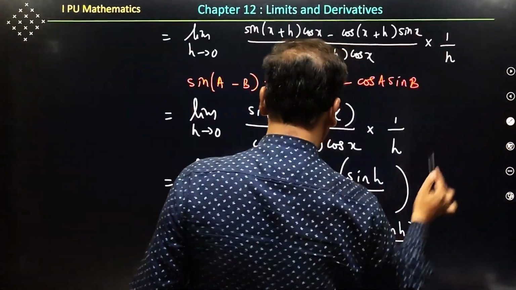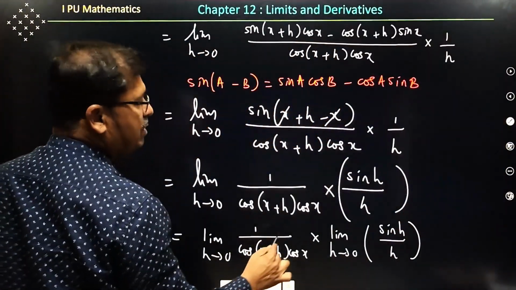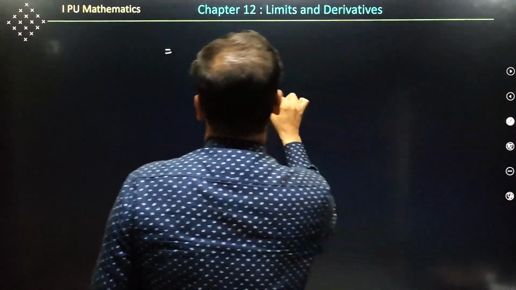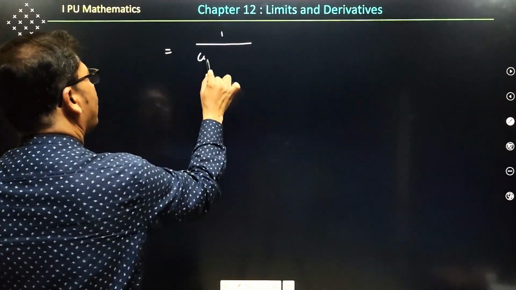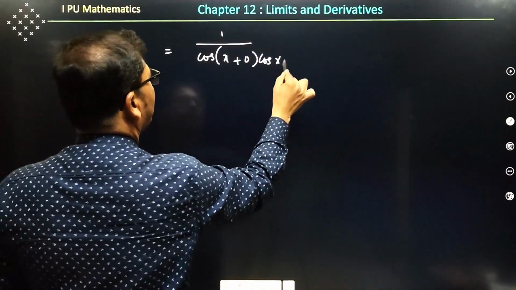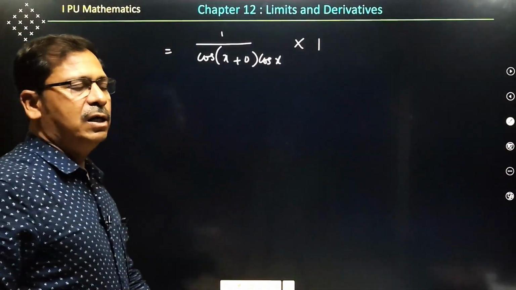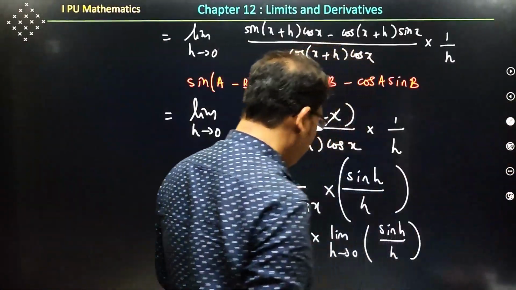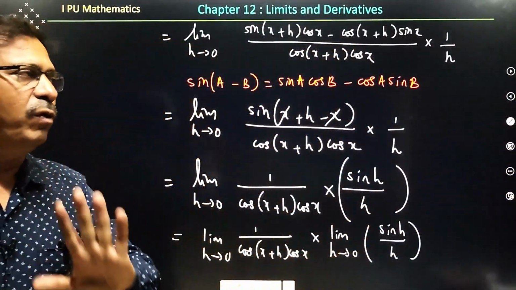Please concentrate here. 1 upon cos of x plus 0 into cos x, into the standard limit value 1. Limit h tends to 0, sin h by h value is 1.